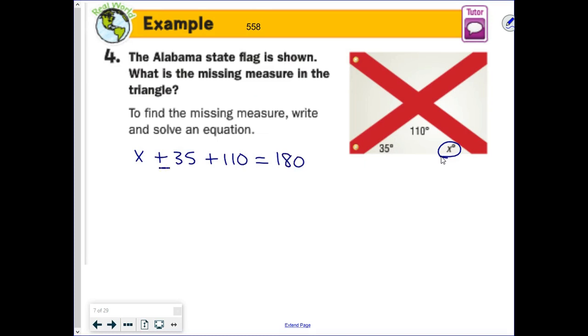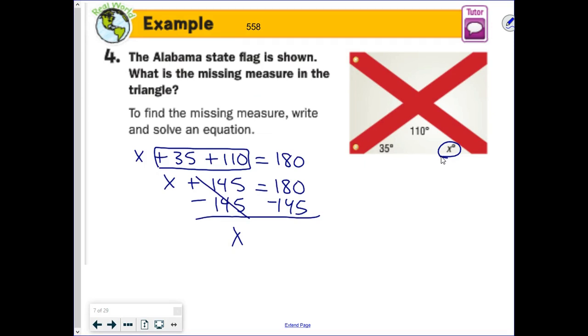Like before, I need to combine my like terms first. So I would say X plus 145 is equal to 180 degrees. Then I can isolate my variable by subtracting 145 from both sides of the equation.